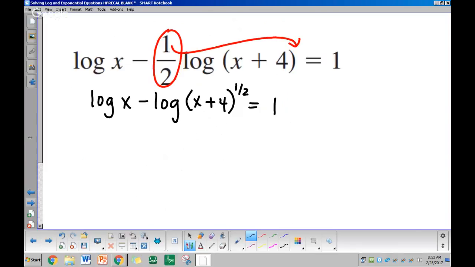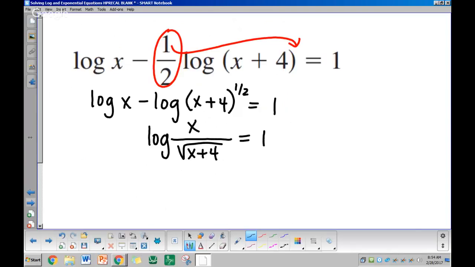When you have unconsolidated logs on one side, you must consolidate them first before you exponentiate. Subtracting 2 logs means division, so this would be log of x divided by the square root of x plus 4 equals 1.